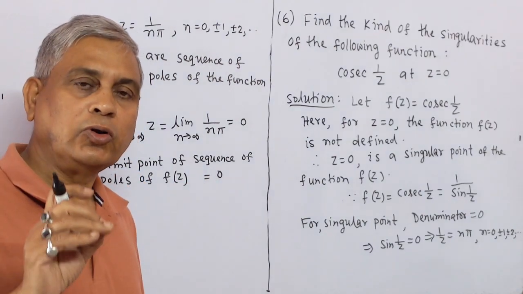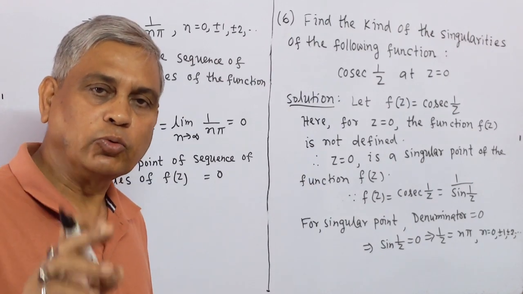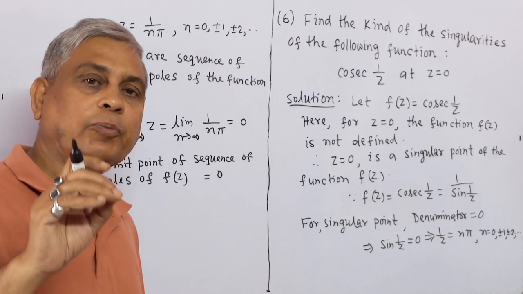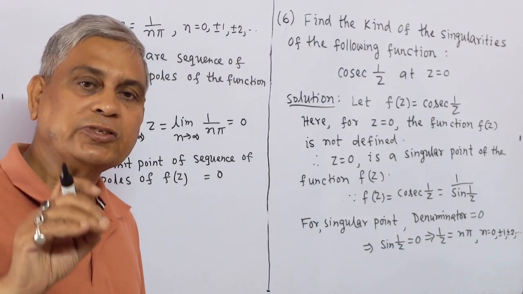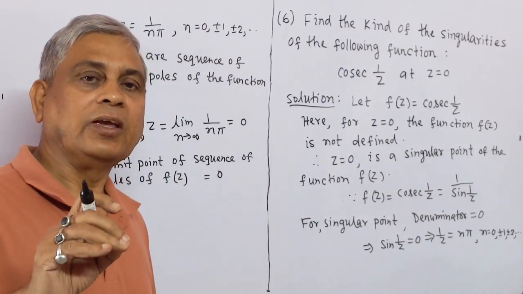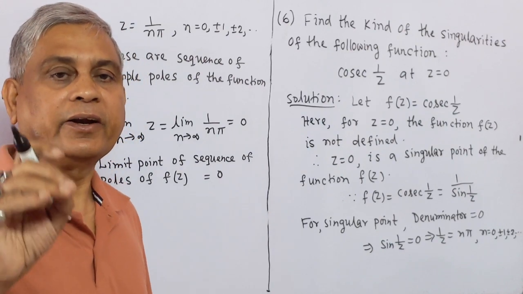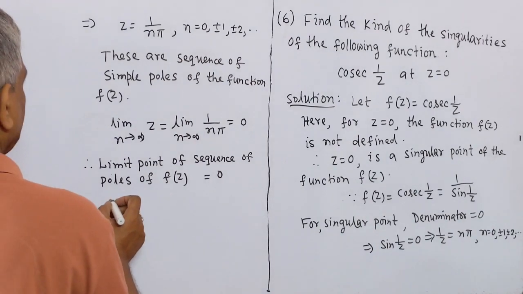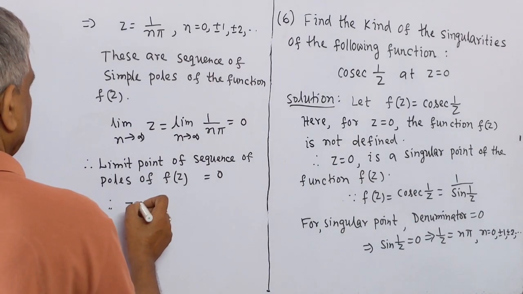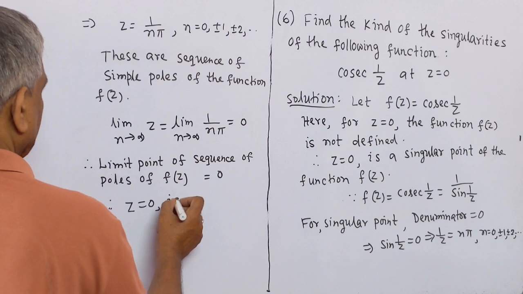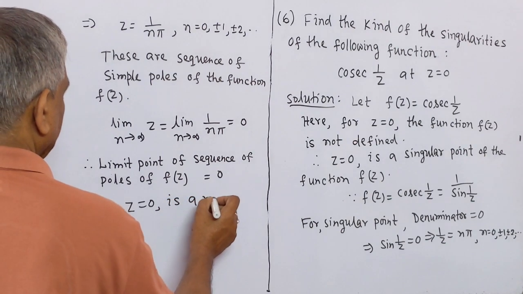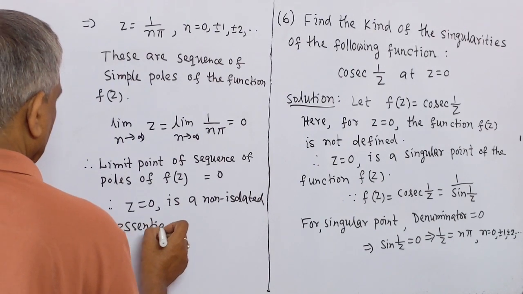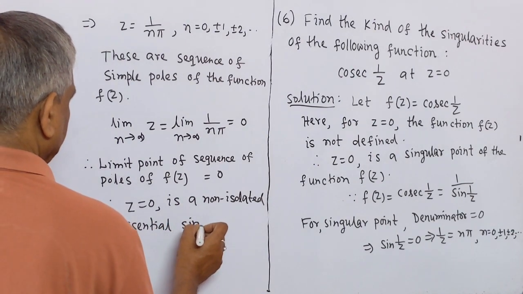We know from statement 2 or concept 2 that the limit point of a sequence of poles is a non-isolated essential singular point. Therefore, z equal to 0 is a non-isolated essential singular point.